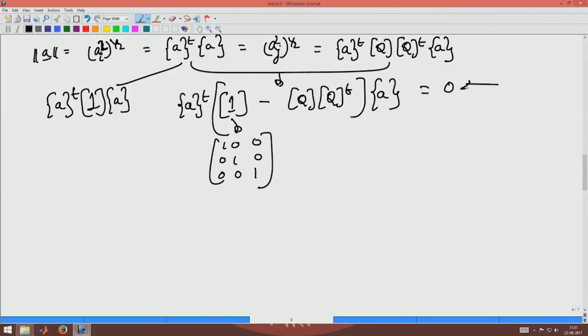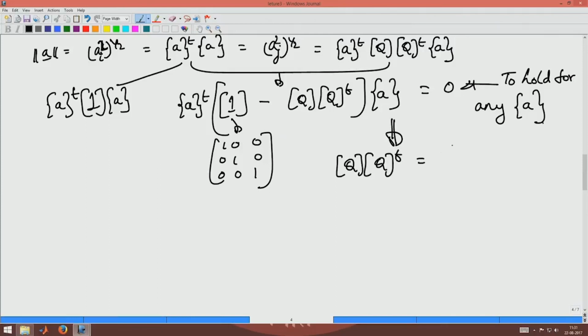This has to hold for any A. I require this to hold for any A, which implies that Q Q transpose has to be an identity matrix.